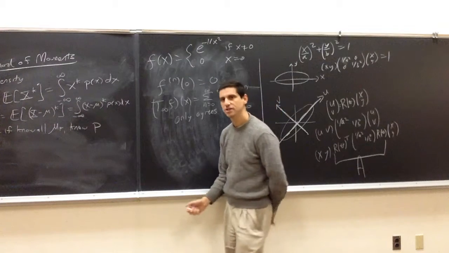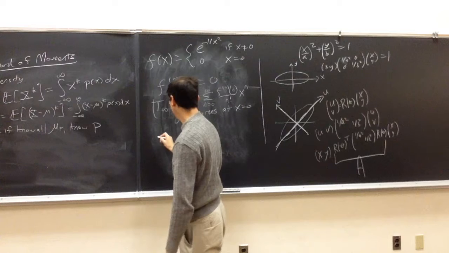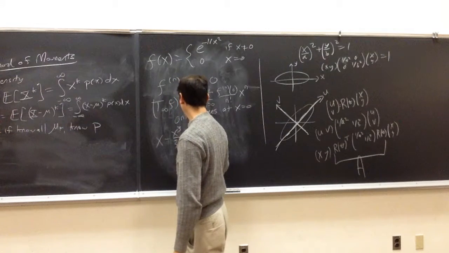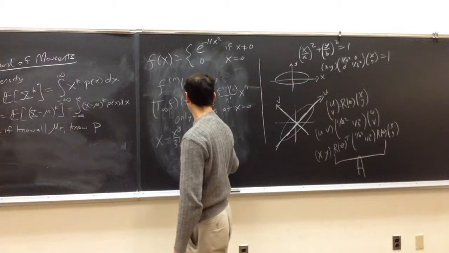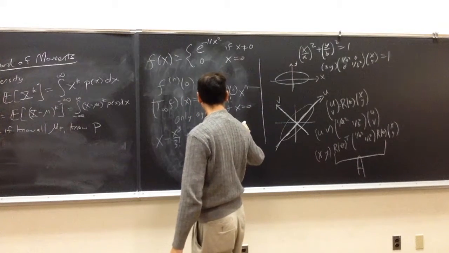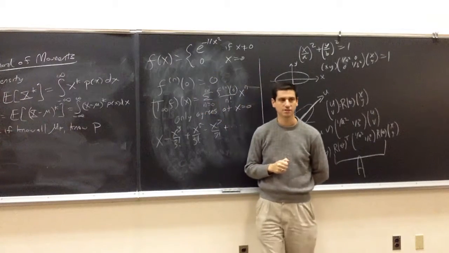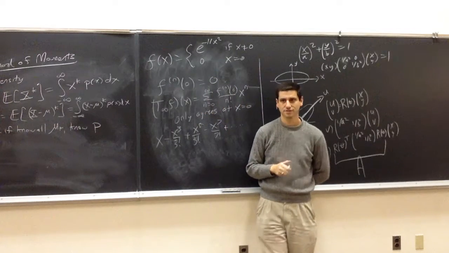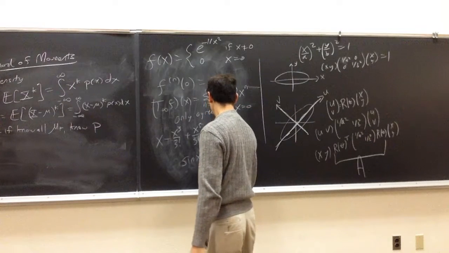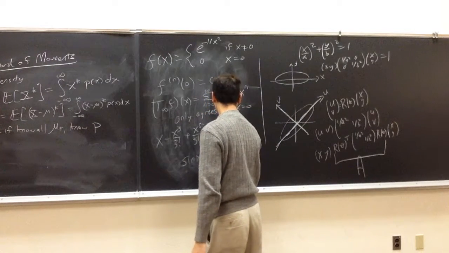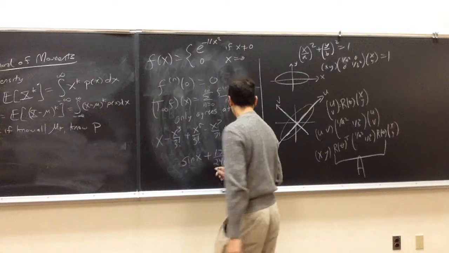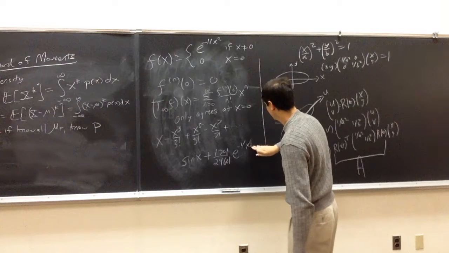What this means is if I give you x minus x cubed over 3 factorial plus x to the 5th over 5 factorial minus x to the 7th over 7 factorial, what function am I thinking of? Yes.